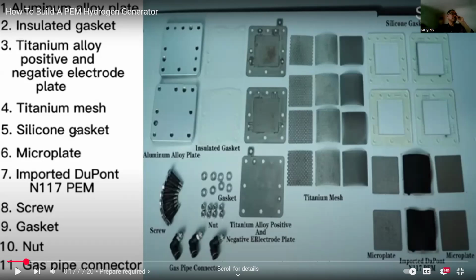The DuPont N117 is basically the PEM. Again, the proton exchange membrane is one of the most mature we need in the PEM method, along with screws, gaskets, nuts, and a gas pipe connector. This is all we need.